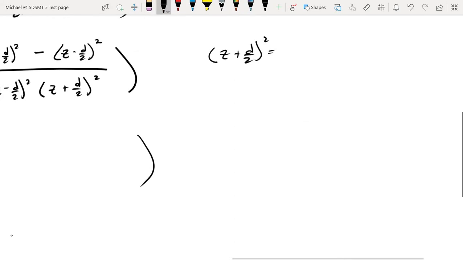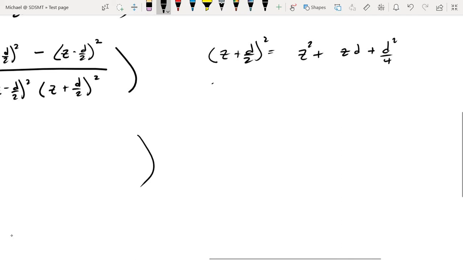So this first one would be z squared plus 2zd over 2 plus d squared over 4, and these 2's will cancel. So we just have zd in the middle.